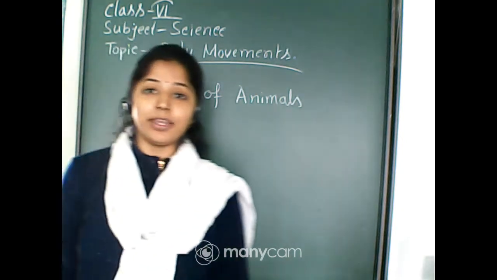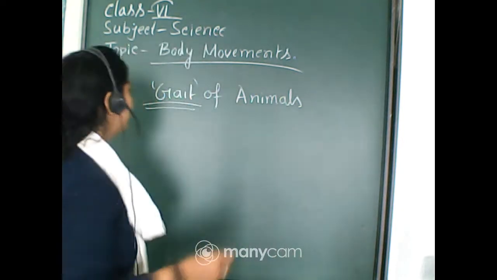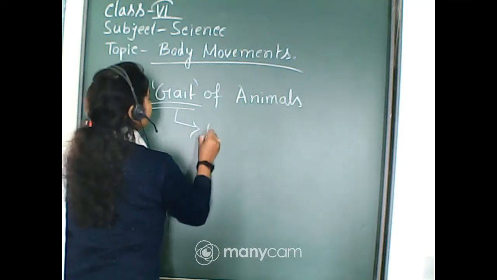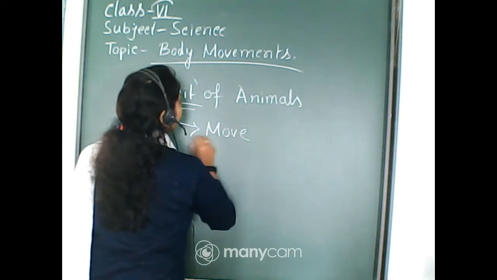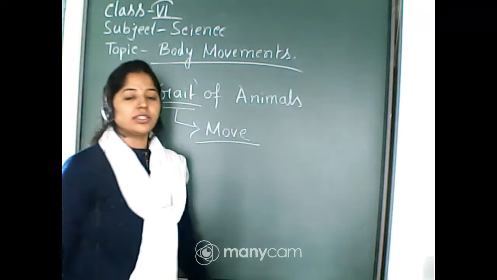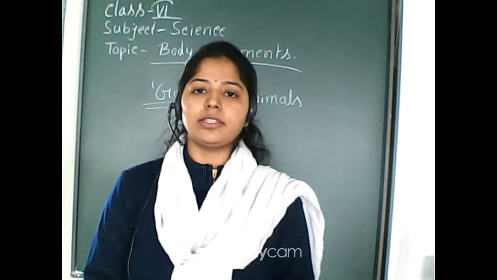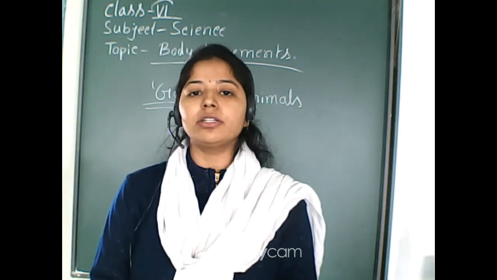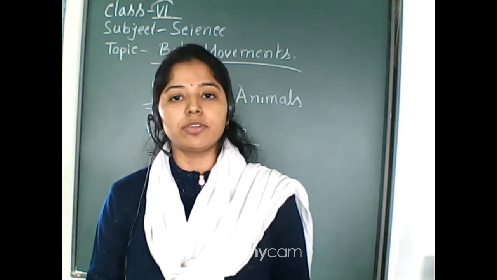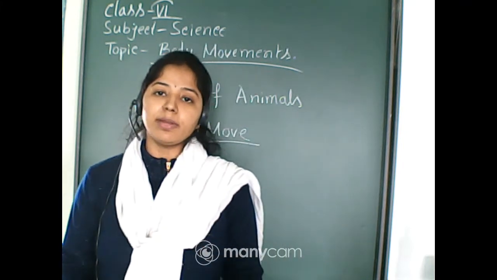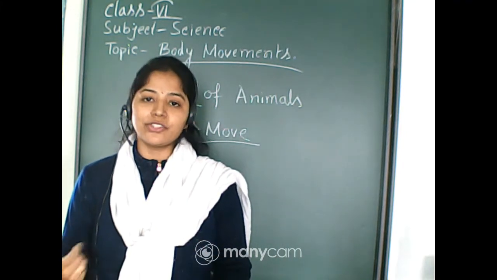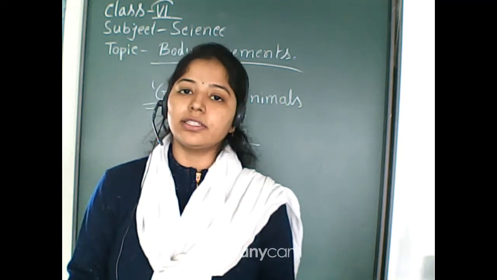Here gait means move. It is another term, it's also known as move. Now in our surroundings there are so many animals present, but all the animals do not exhibit the same types of movement. They exhibit movement according to their internal structure, whether they have a skeleton or not.